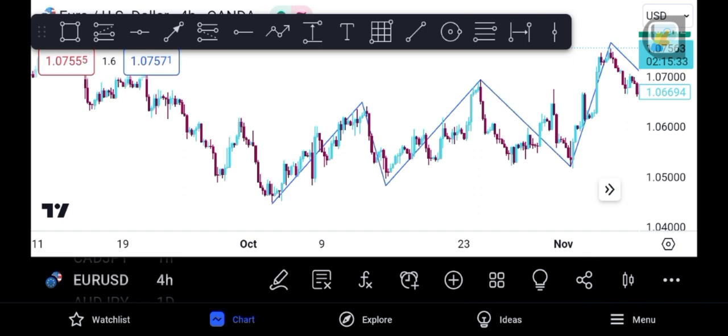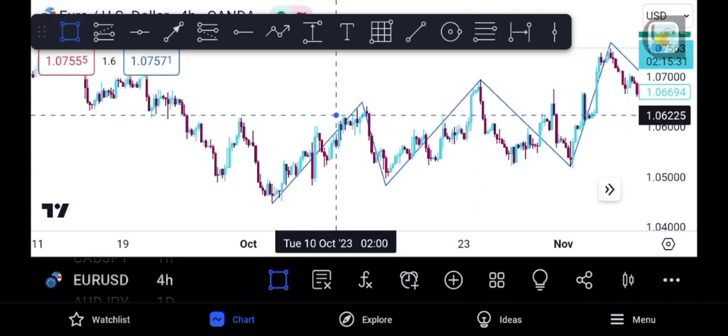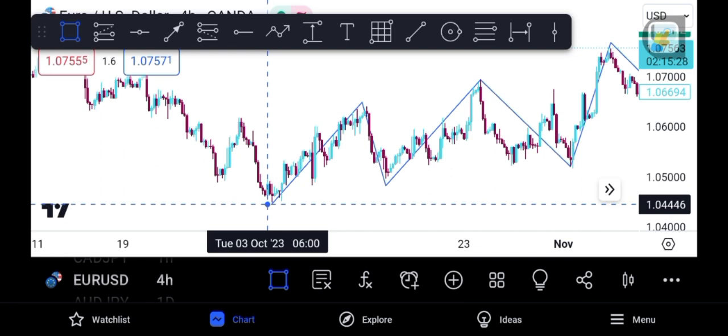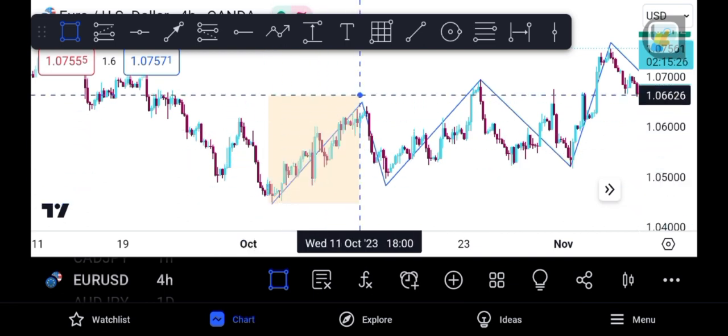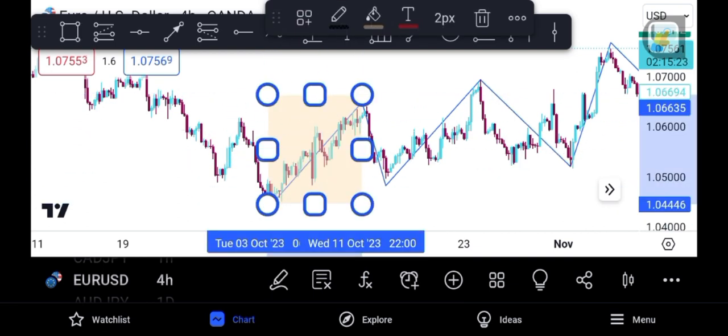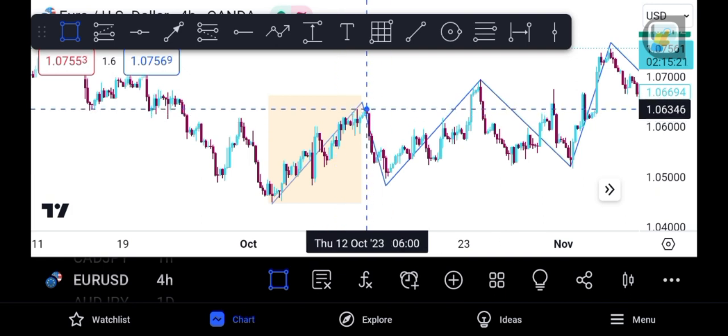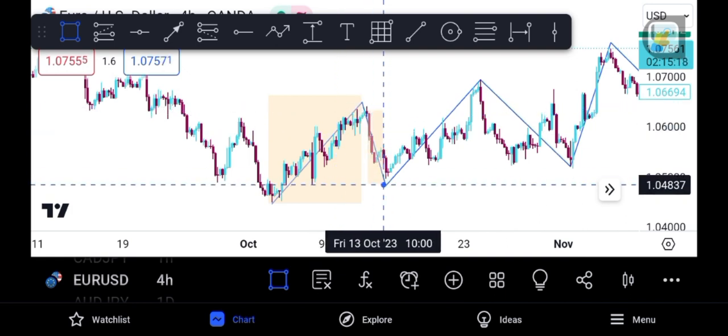The first characteristic is an impulse move to the upside, then a correction to the downside.